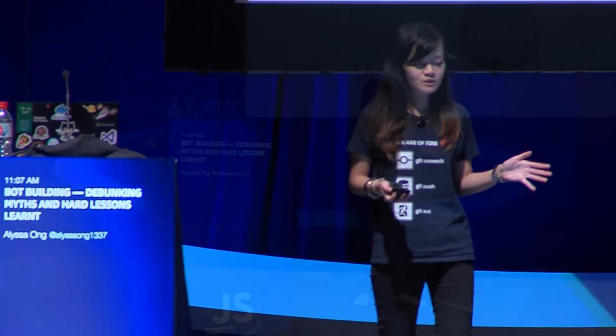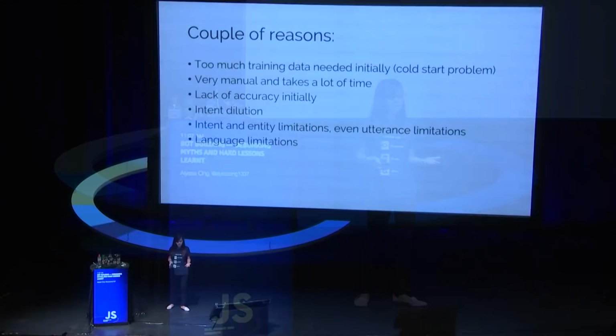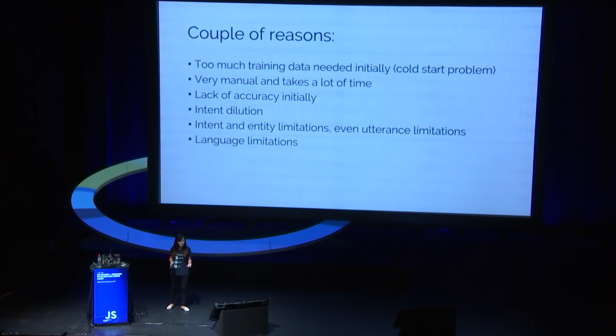Yeah, I've rarely had customers settling with just a third-party NLP tool. And for a couple of reasons, there's this problem called the cold start problem. It's basically where you need a lot of training data to reach the accuracy that you need. When you make a NLP model with too many intents, it starts to get really confused if you don't put enough training data in it initially.